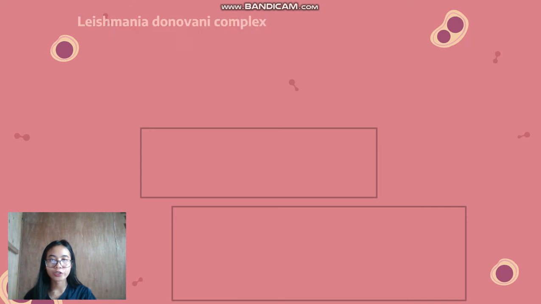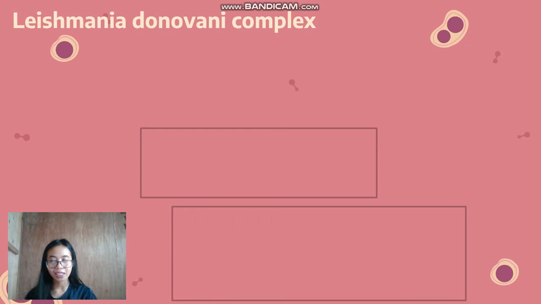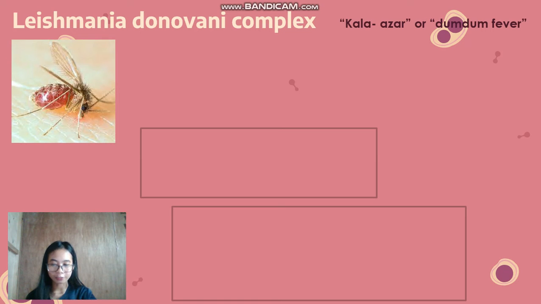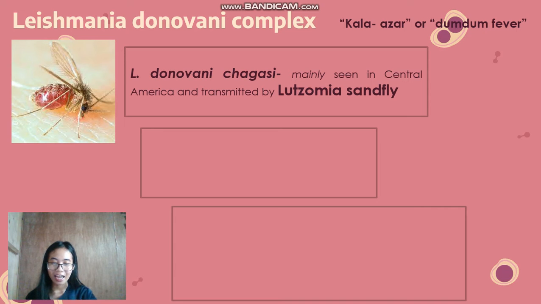So the first strain is Leishmania donovani complex. In the 1900s, Sir William Leishman discovered L. donovani in the spleen of a soldier who died of fever. So L. donovani is a causative agent of visceral leishmaniasis and it is also known as Kala-Azar or Dum-Dum fever. It is mainly seen in Central America and transmitted by Lutzomyia sandflies.